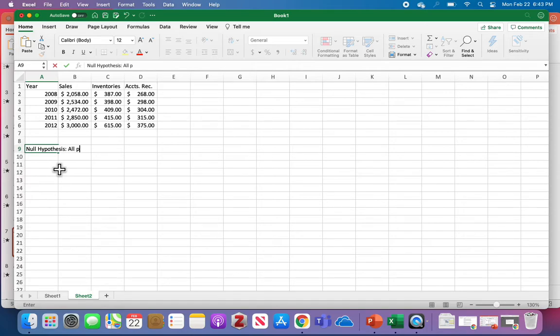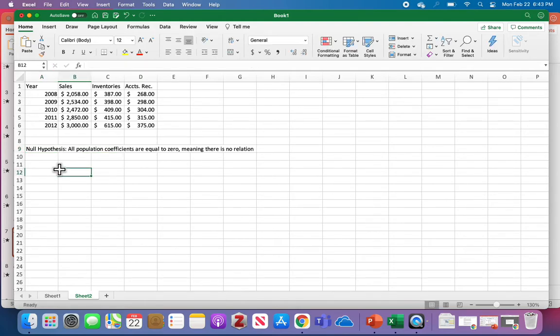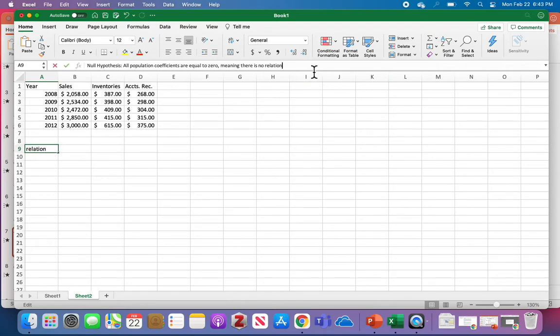is that all population coefficients are equal to 0, meaning there is no relationship between the independent variables and the dependent variable.